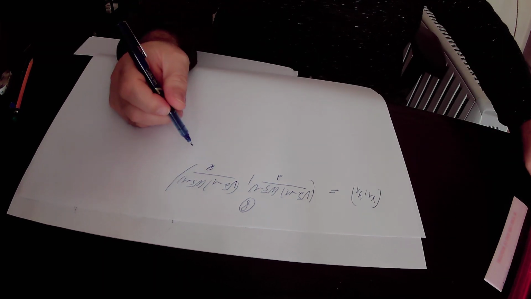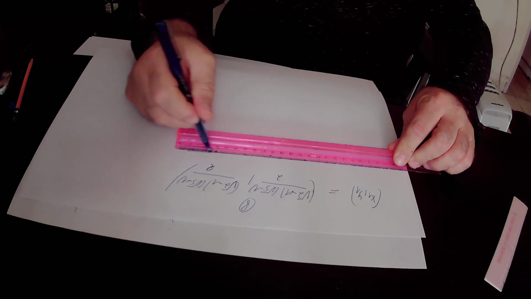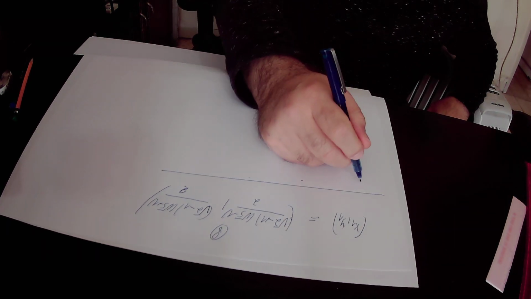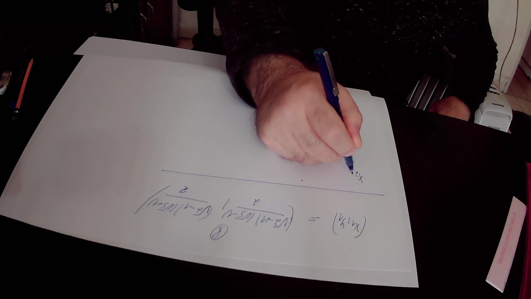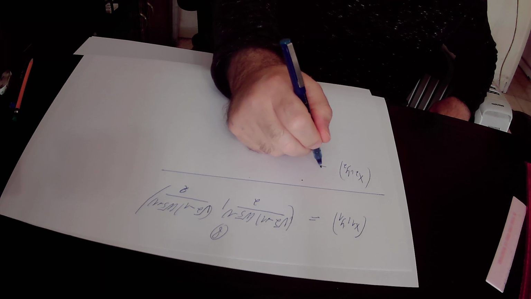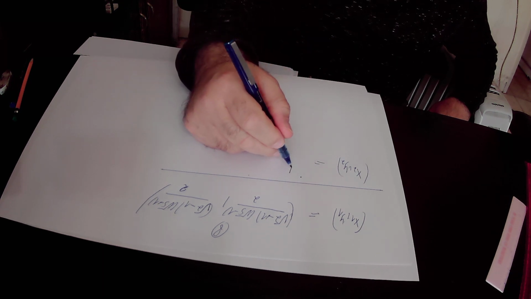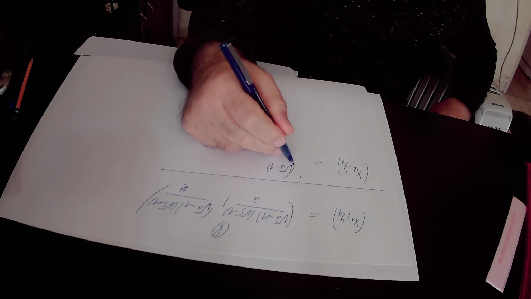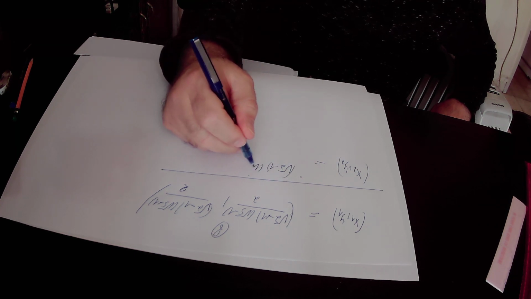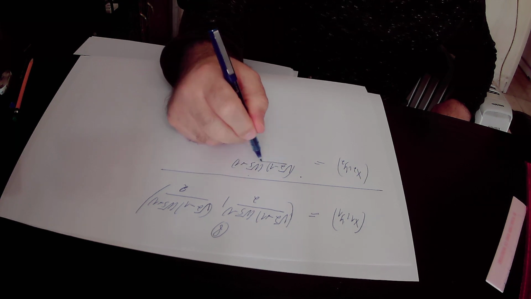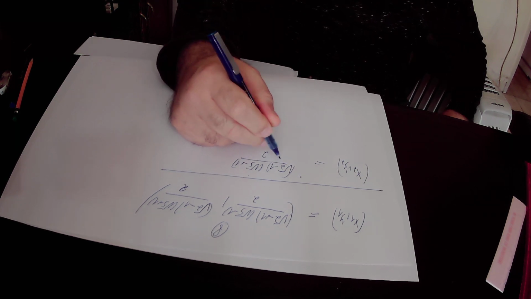So this is the first solution to the question, and the second solution is x2, y2. x2 equals square root of 2 minus 1 times square root of 5 plus 1 over 2. This is x2.